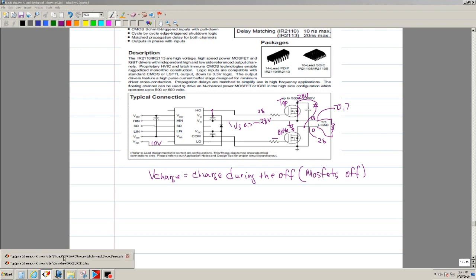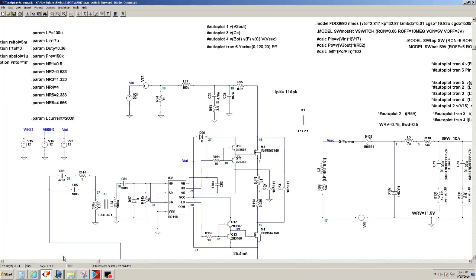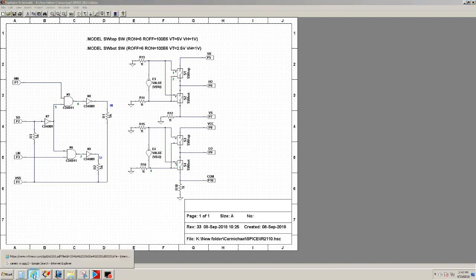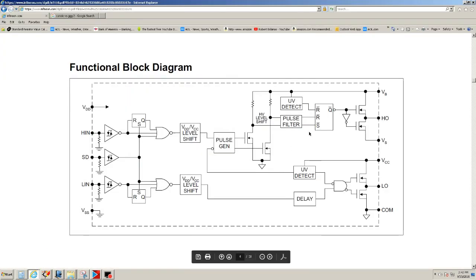So now, if I want to simulate this, you can do a subcircuit, and this is the model attempting to simulate this.